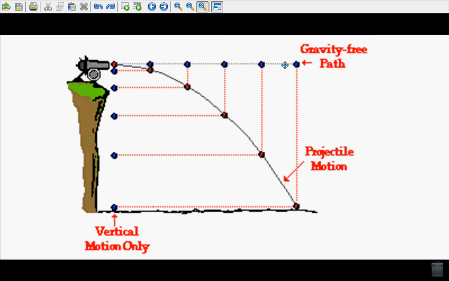So basically, horizontally, gravity doesn't exist for that horizontal motion. And then vertically, what is happening to that object if it just dropped out of the cannon? It would have just dropped straight to the ground. What would that object have looked like as it was traveling? And then it was the combination of those two that led us to understand what that projectile motion was.